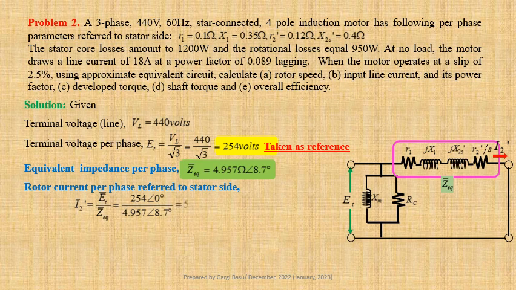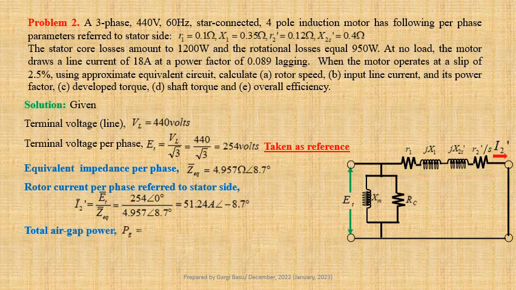That gives us 51.24 ampere at an angle minus 8.7 degree. For three-phase induction motor, total air gap power Pg equals to 3 times I2 dash square into R2 dash by S.